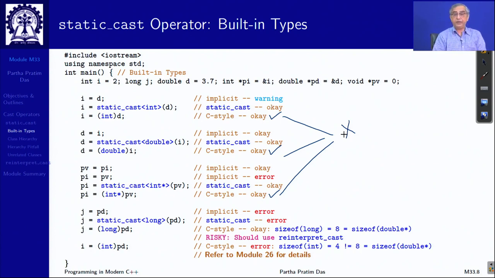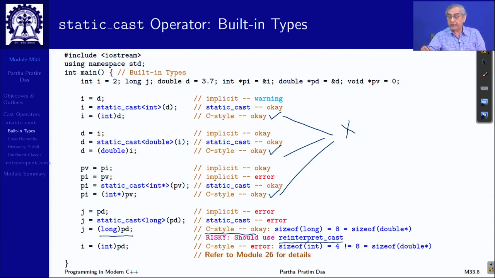Now, in case of pointer to integral type or vice versa, if you use a C style casting as you are doing here, then this will be okay. But obviously, that does not mean that we are promoting C style casting for this case. We will see there is a separate specific cast operator known as reinterpret cast, which will make it possible to do these things in a proper way.